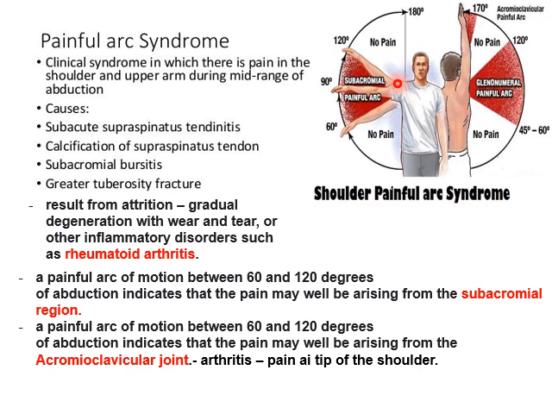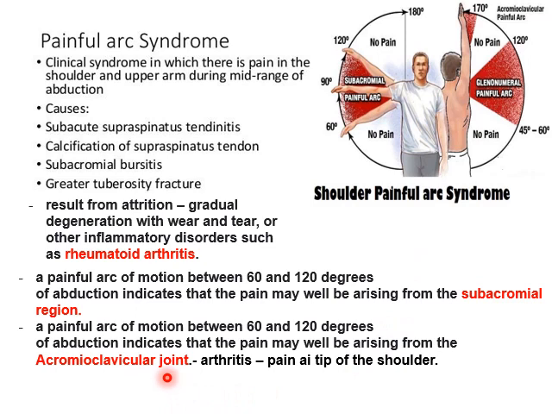So arthritis of the acromioclavicular joint will cause the pain in the abduction at the end of the arc, that is from 170 to 180 degrees. When the patient is feeling pain there, then there is something wrong with the acromioclavicular joint.